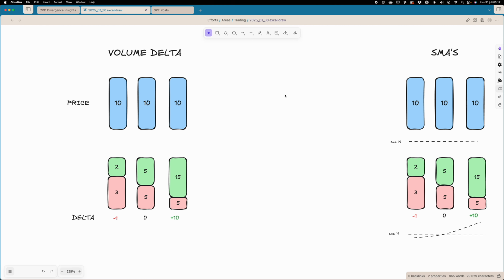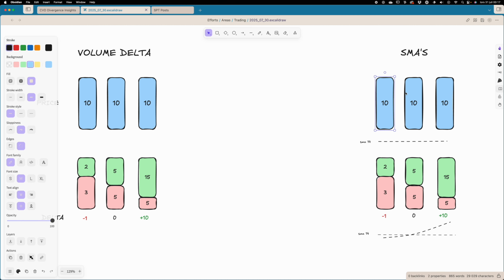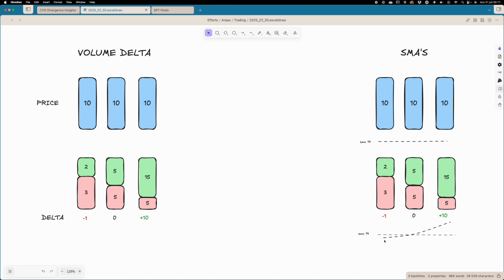Now let's imagine that we add moving averages on top of the price action and the volume delta. So we would obviously need a lot of bars in order to get trends, but let's keep it simple and say that these are moving averages. So we're moving 10, 10, 10, so we have a flat moving average.